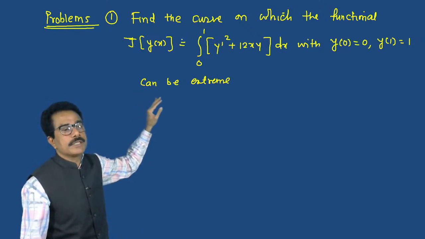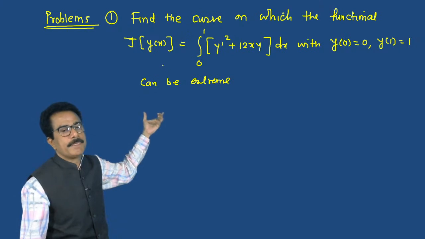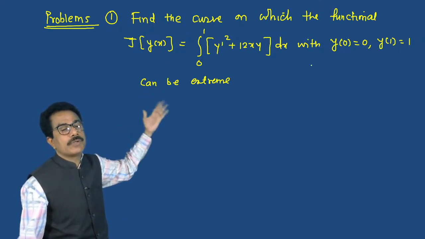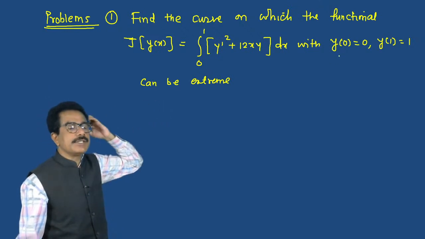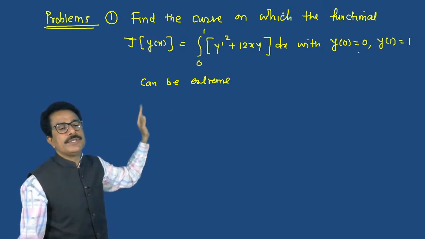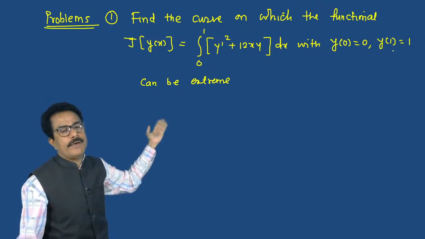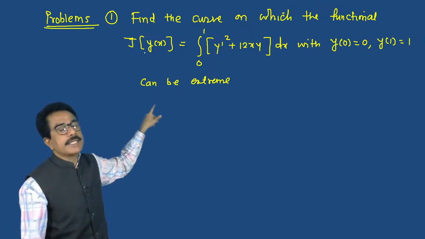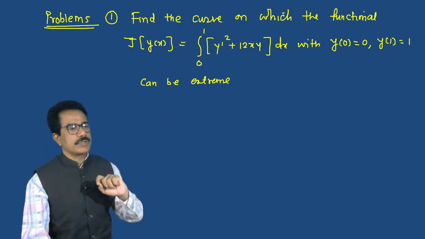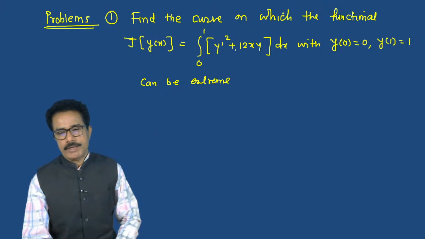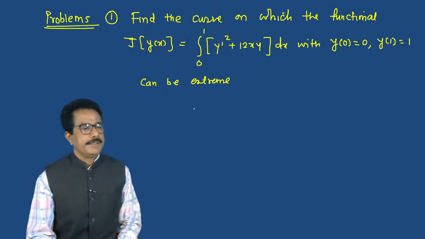We have to find the curve of this functional which has an extreme value, and the initial condition of that curve is y of 0 equals 0, and the second boundary condition is y of 1 equals 1. The integral J of y of x is equal to the integral from 0 to 1 of y dash square plus 12xy dx.